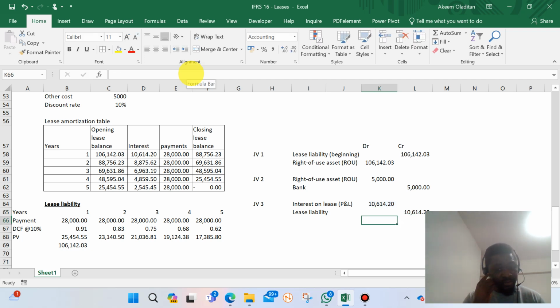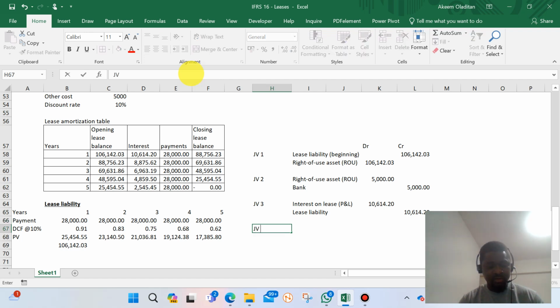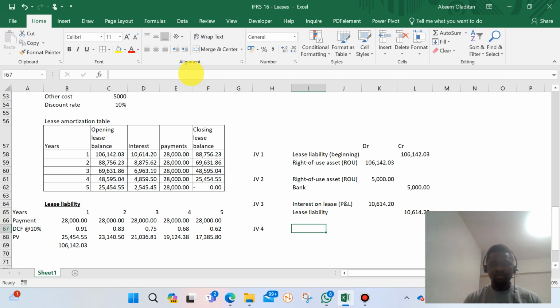The next journal for this is still for the first year. The next journal will be JV4, which is the payment that we made.